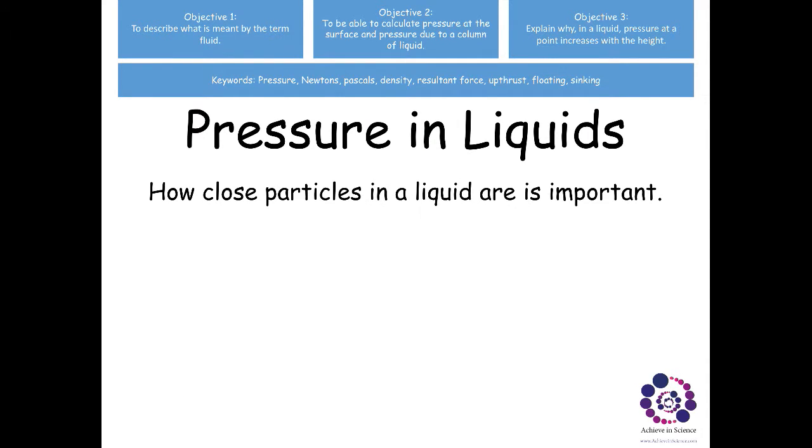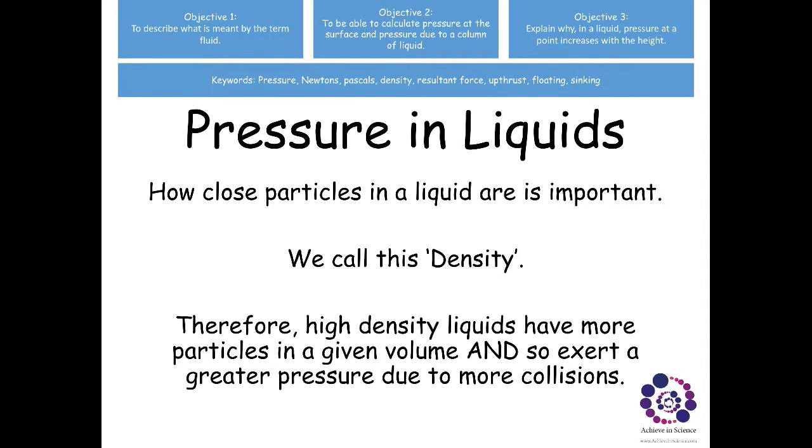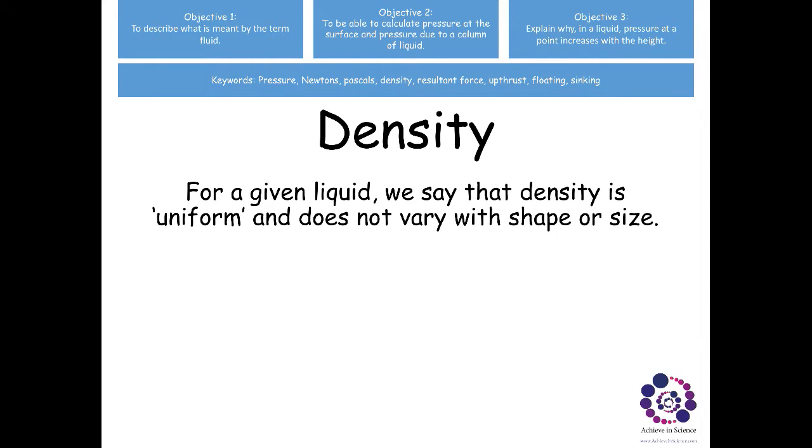Pressure in liquids then. How close particles in a liquid are is very important. We call this density. Therefore, higher density liquids have more particles per unit volume and therefore exert a greater pressure due to there being more collisions against the walls of the container. Density then, for a given liquid we say the density is uniform and does not vary with the shape or size.